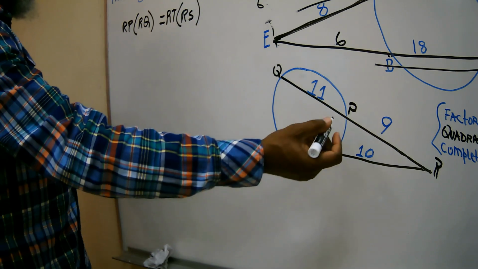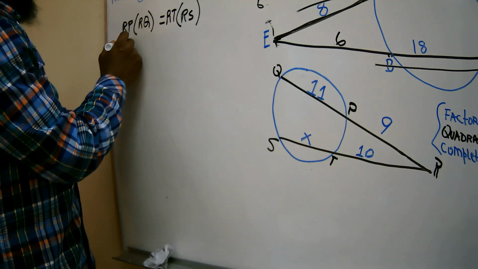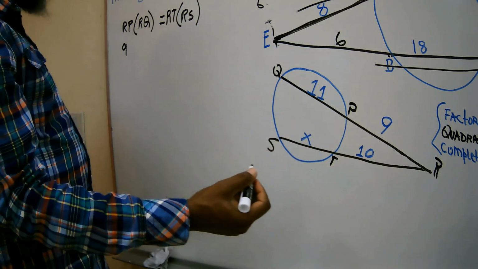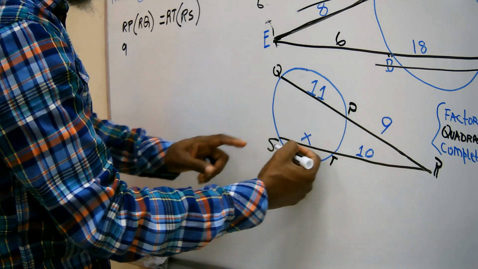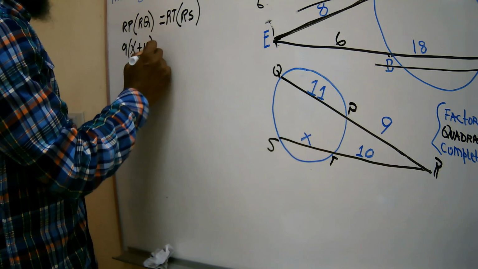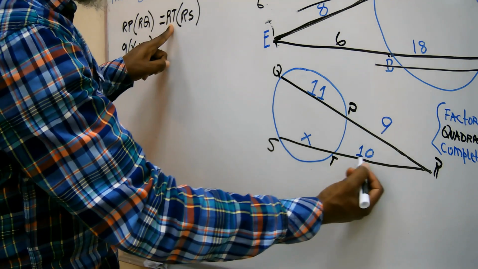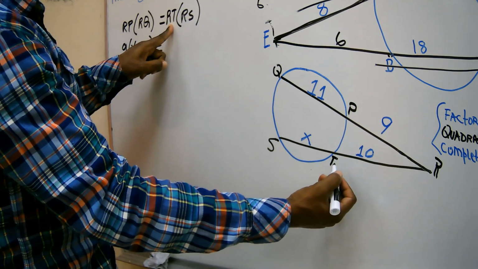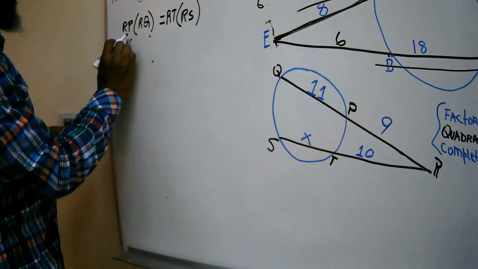Now remember, PR is 9, RP is 9, and RQ, in order to get RQ, that will be 10 plus X. You will have times this X plus 10. RT, that's wrong, totally wrong.